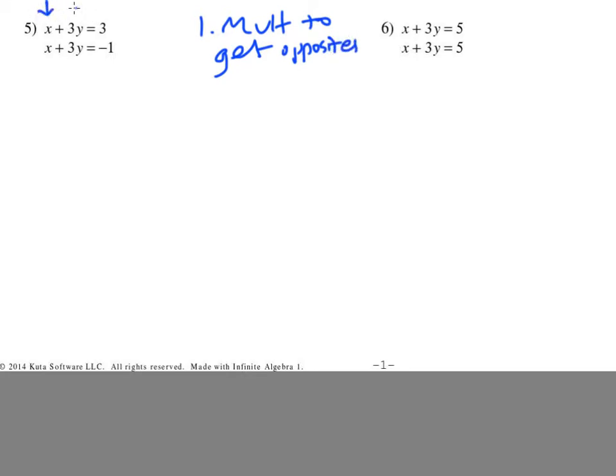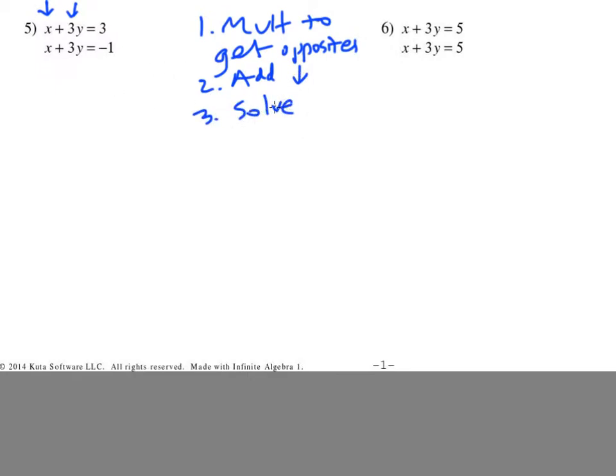Let's look for opposites either here or here. Do I have any opposites? X and X, those are not exactly opposites. 3y and 3y, not exactly opposites. So we do need to multiply to create opposites. And then don't forget step 2, we're going to add straight down, and then step 3, we're going to solve.